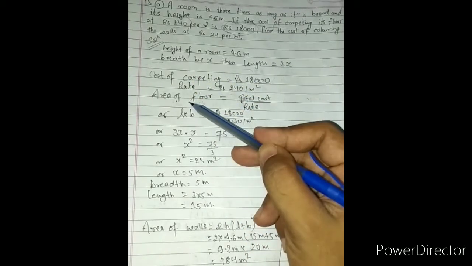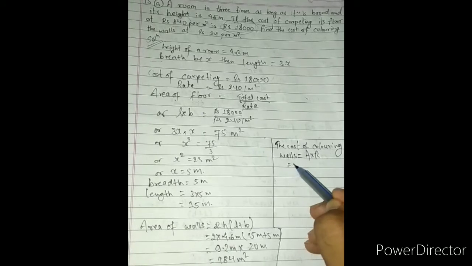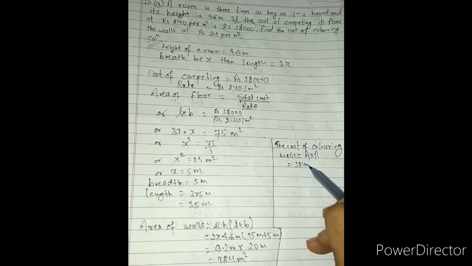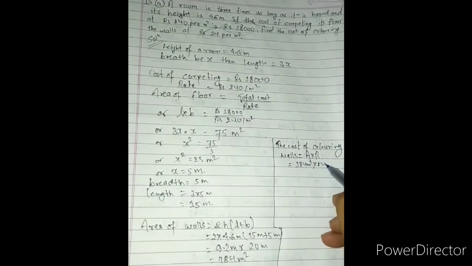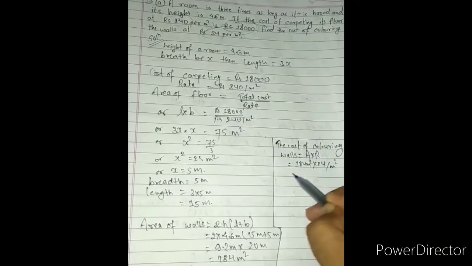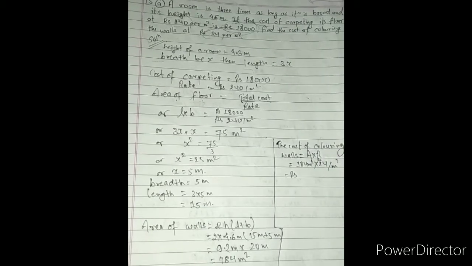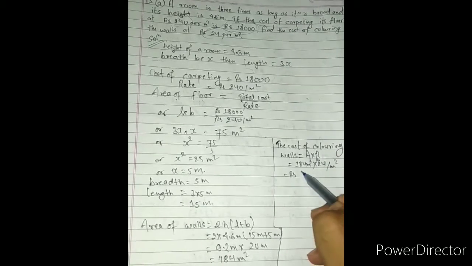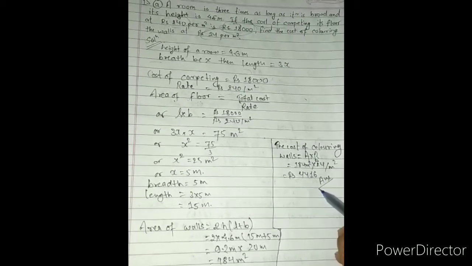Area is 184 meter square and rate is given 24 per meter square. Rupees 4,416 is the total cost of coloring this wall.